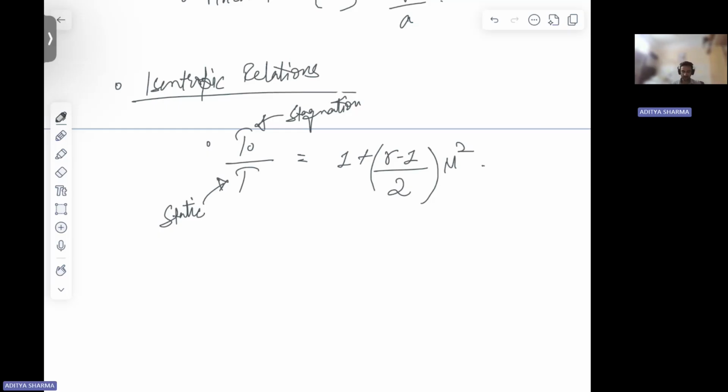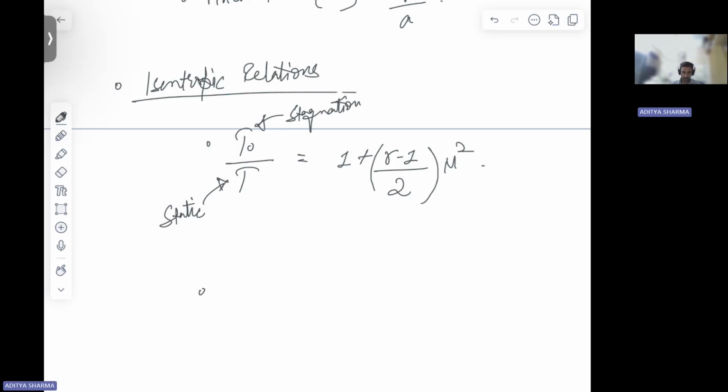So this means that if we have initially some stagnation temperature, this T naught, and we are expanding this gas, such that we get some static temperature T, and the Mach of the flow is M, so we can relate stagnation temperature, static temperature, and Mach this way, right?